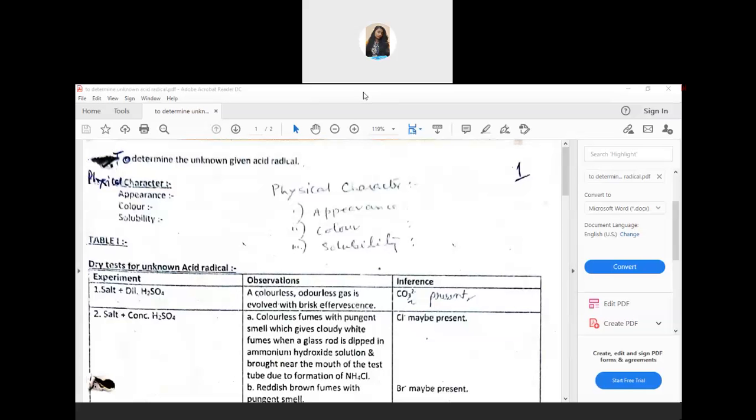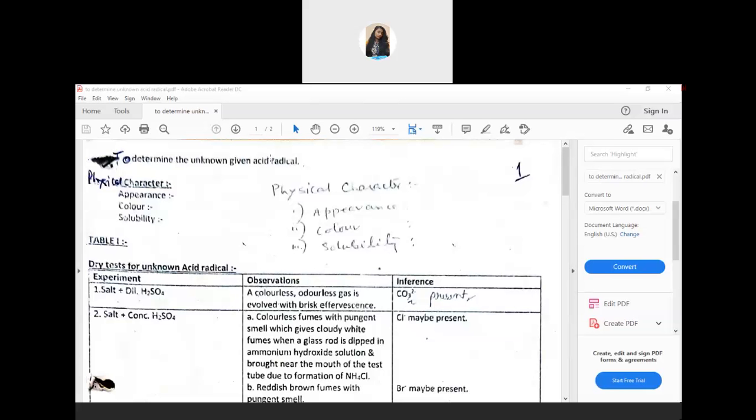To determine the unknown acid radical, first you have to see the physical character. That is appearance, color, and solubility. First, you have to check this. For this practical, you know from experiment number 4 that you can see the color and the appearance, which means physical state.